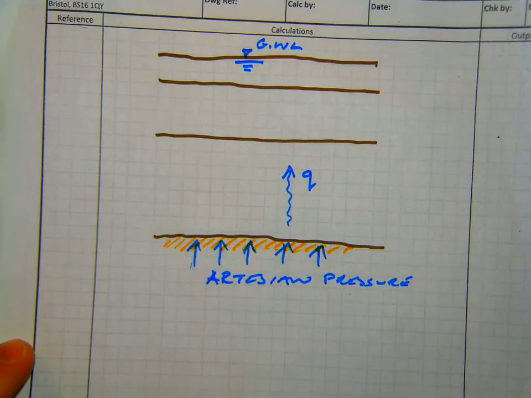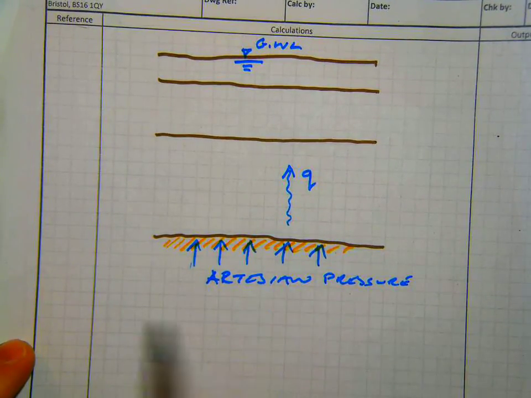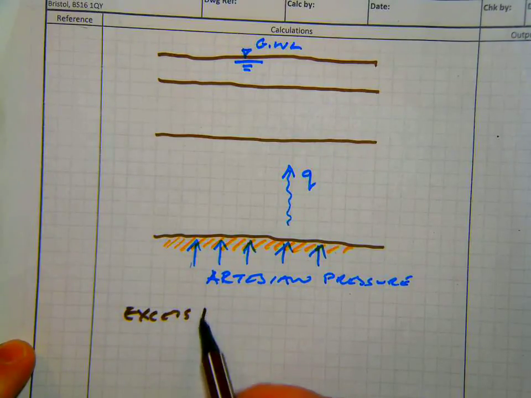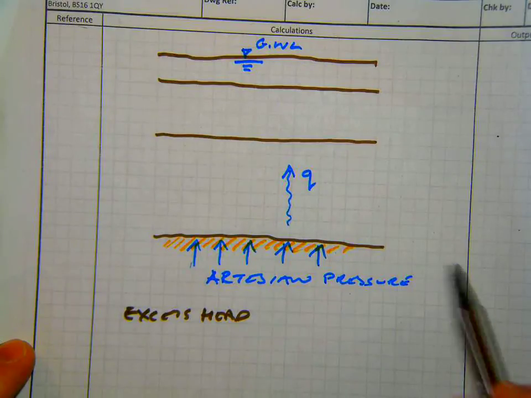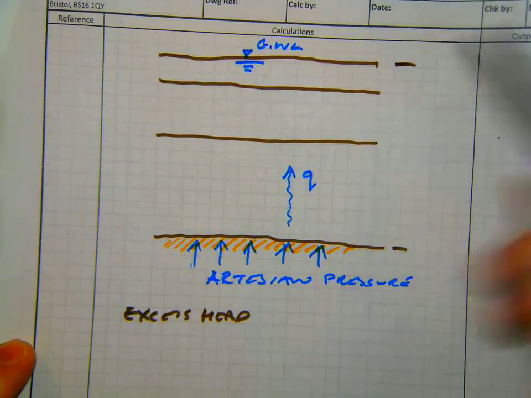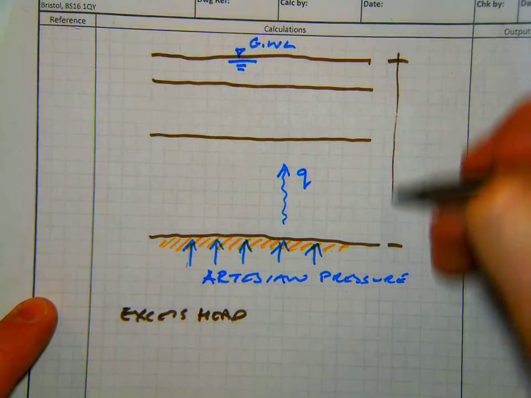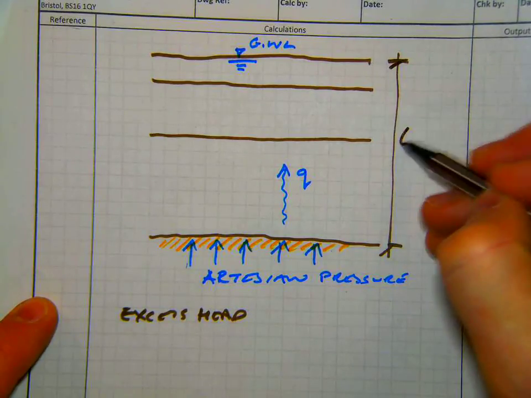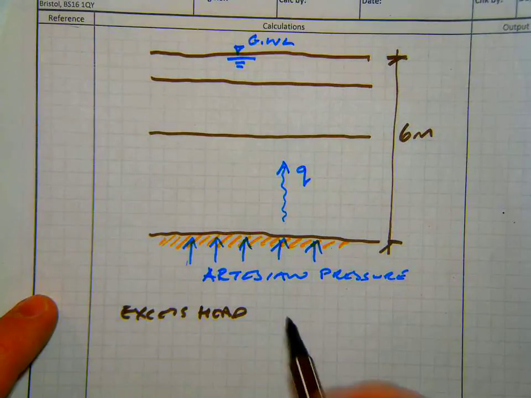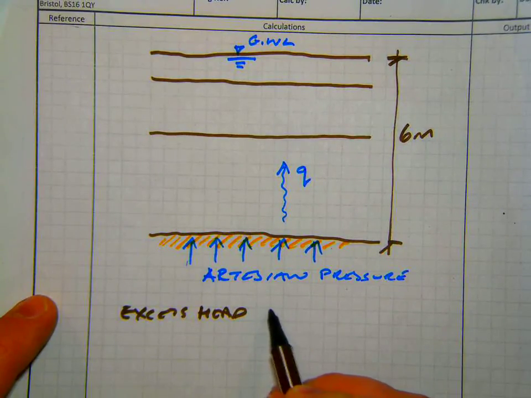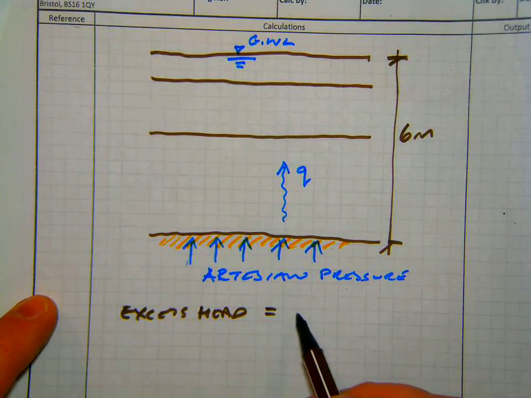So you can say that there'll be an excess head across this whole strata, this whole 6 meters of soil.